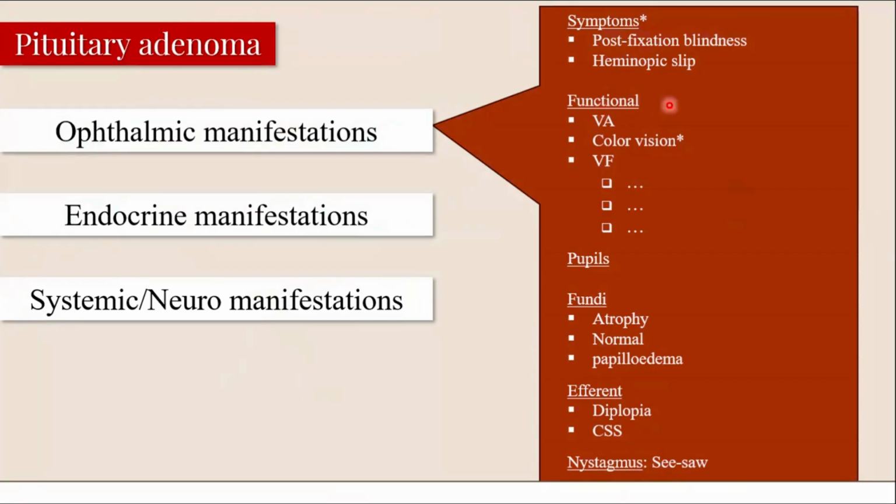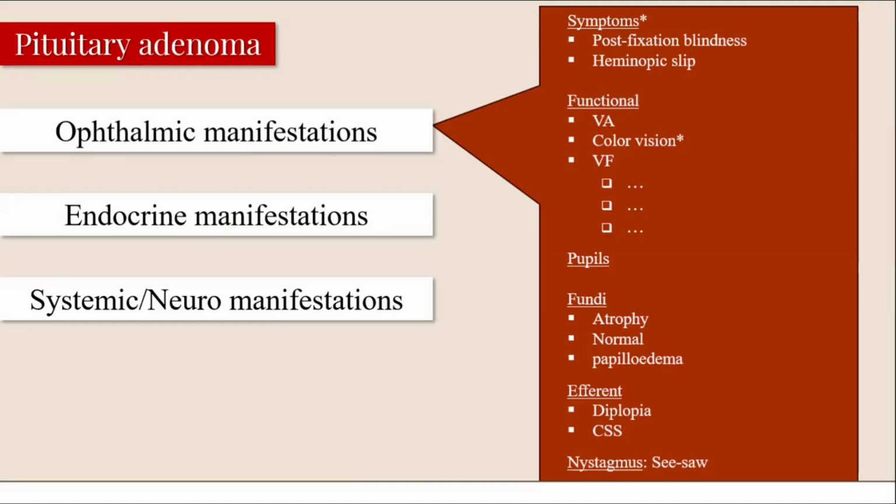One more question here. I just mentioned that in some cases of pituitary adenoma, they may develop paretic diplopia. What is the mechanism? How can pituitary adenoma cause paralytic squint and diplopia? Is it possible?